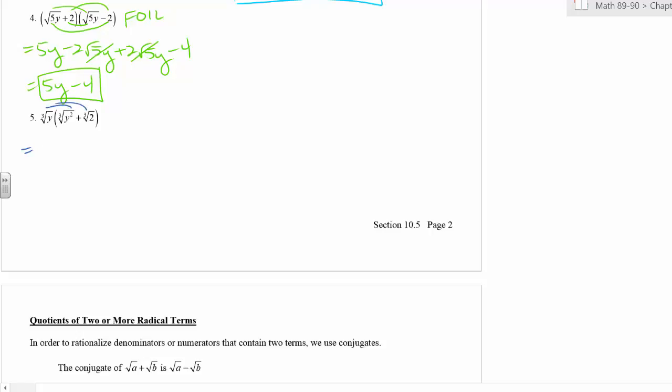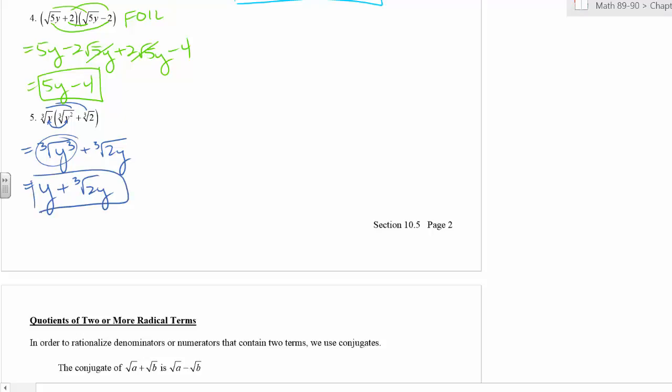Cube root of y times the cube root of y squared is going to be the cube root of y cubed, because you multiply y and y squared since they're both under the same radical. Plus the cube root of y times 2 is 2y. Now you're not done, because you can simplify the cube root of y cubed. Cube root of y cubed is just y, and then you have the cube root of 2y.